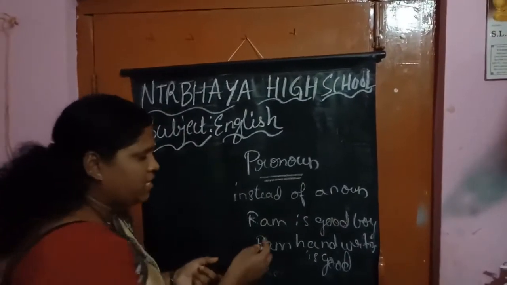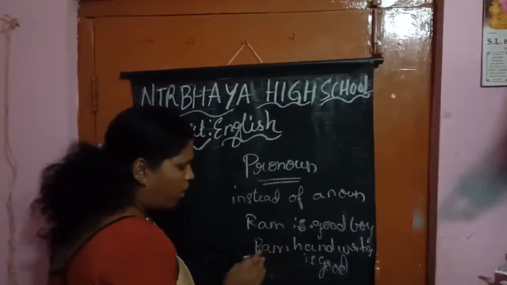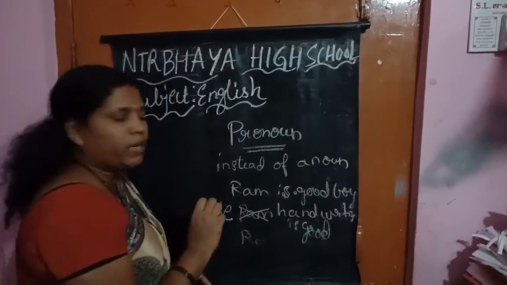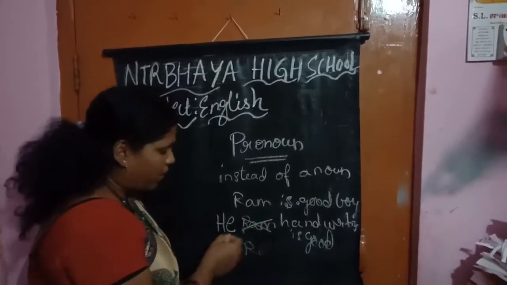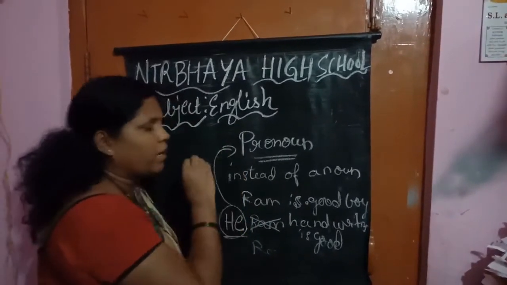Why should I write Ram every time? In the first sentence we wrote Ram is a good boy. Now, I will not write Ram here. I will write he. Then this word he is a pronoun.